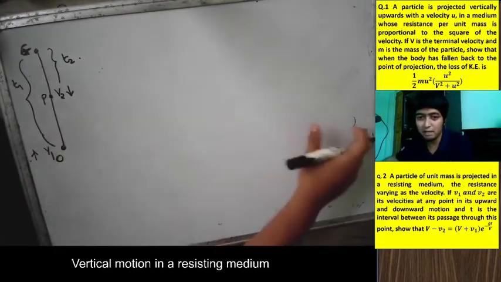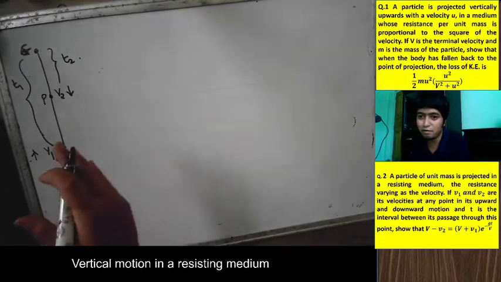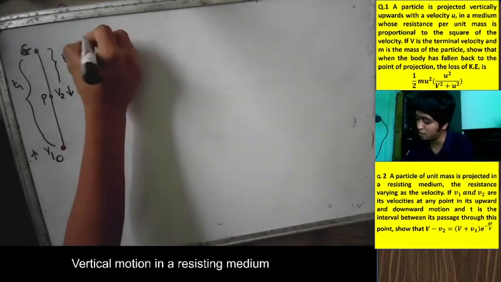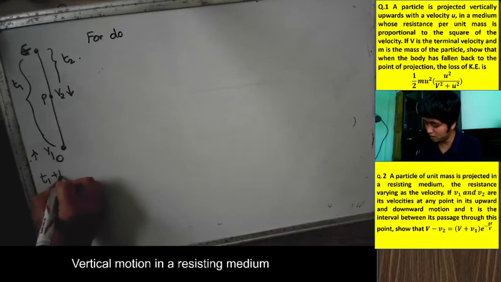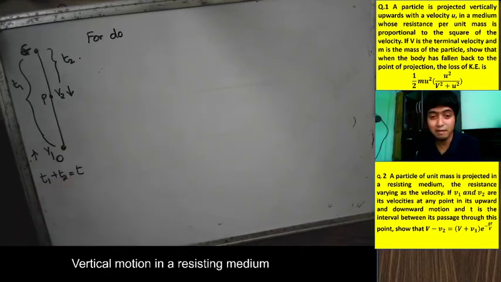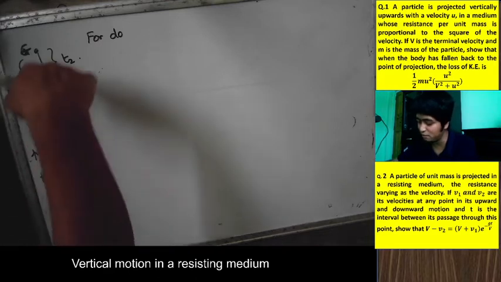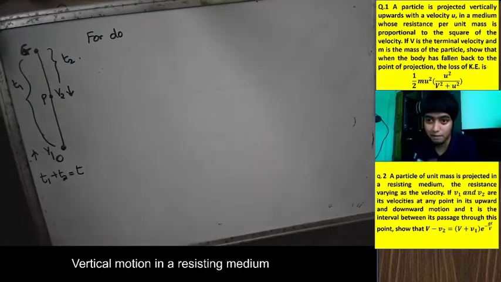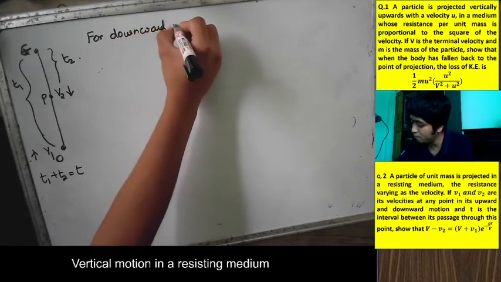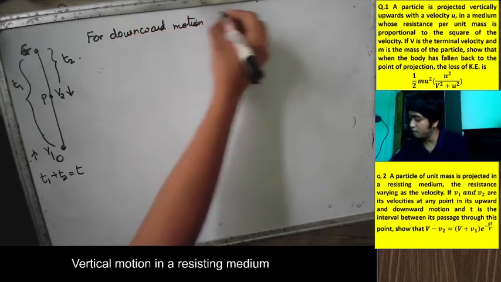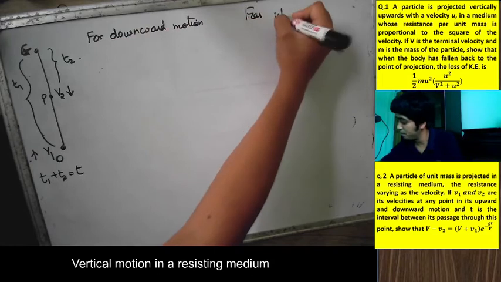Again, I will write on both sides for the downward motion and for the upward motion. It should be noted that t1 plus t2 will be the total time T, which is in the question. T is the passage between these 2 points from O to P. This is for downward motion, and over here will be for upward motion.